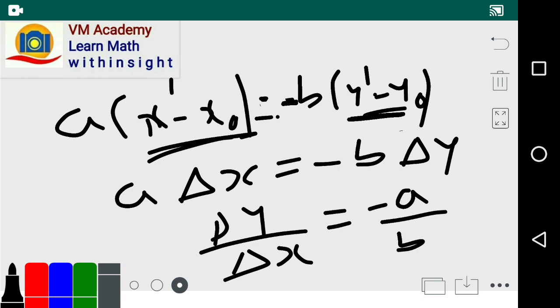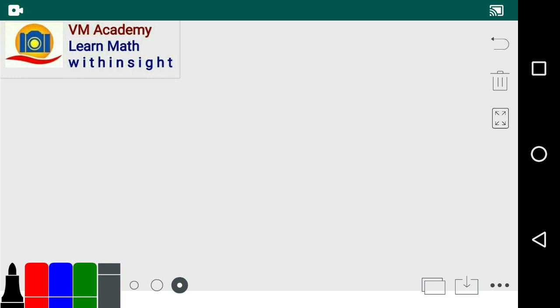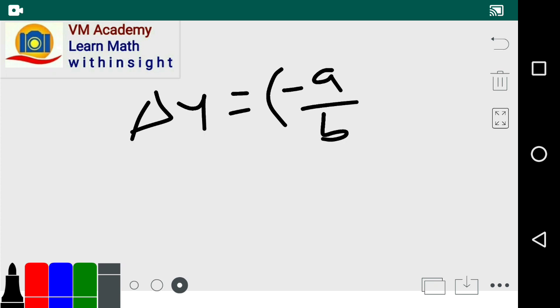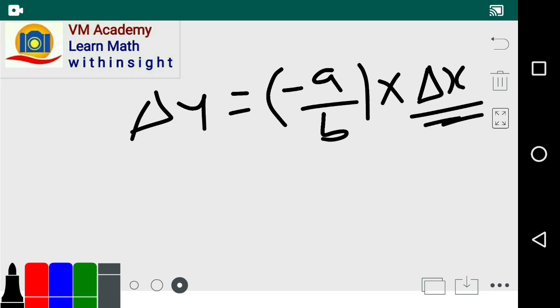So we directly conclude that delta y equal to minus a by b, friends, into delta x. Now here we would like to calculate the integer solution of ax plus by equal to c.